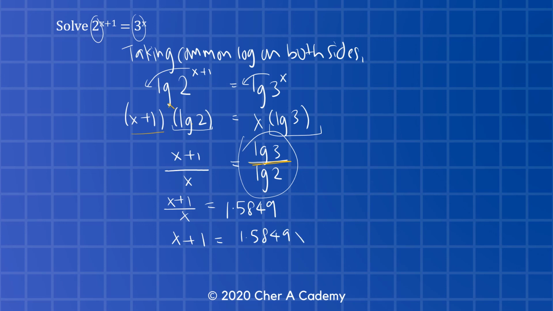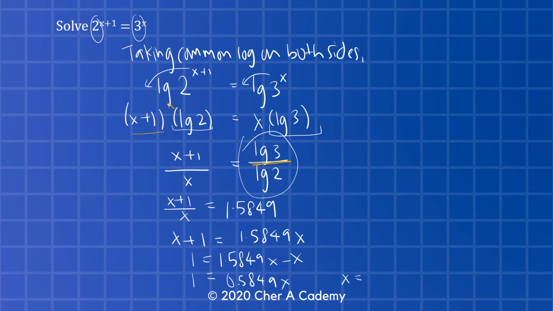Bring over the x, it will be multiplied. I'll bring all the x's over to one side. So 1.5849 minus 1 will give me 0.5849 x.